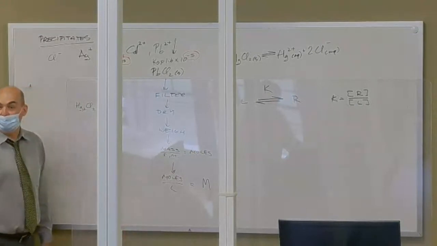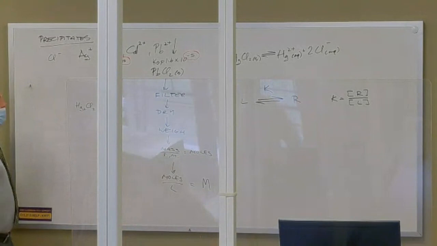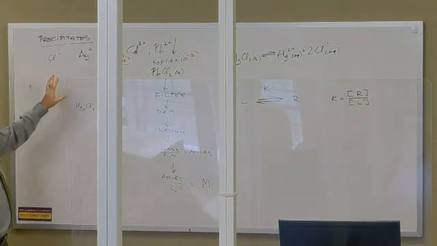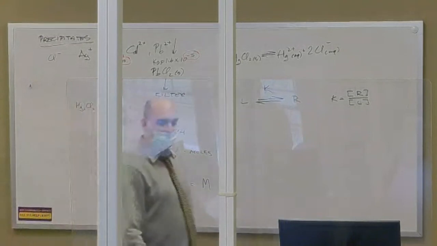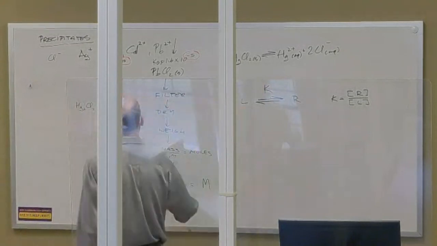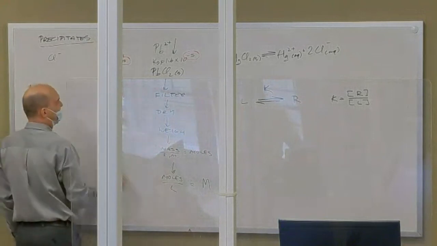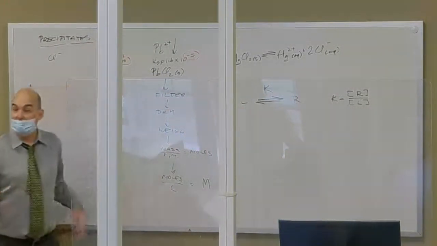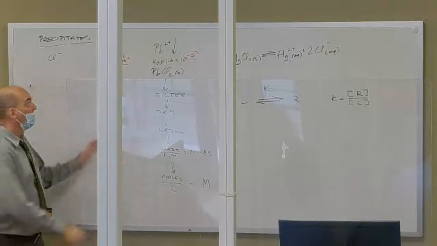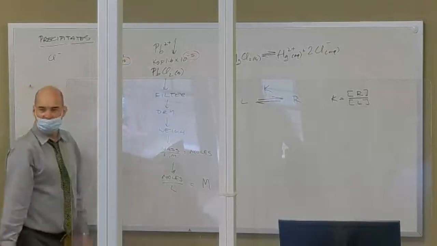Okay. So if I was given a mixture and I was told, find the amount of lead in this water, and I just added a whole bunch of chloride, both of these would precipitate.